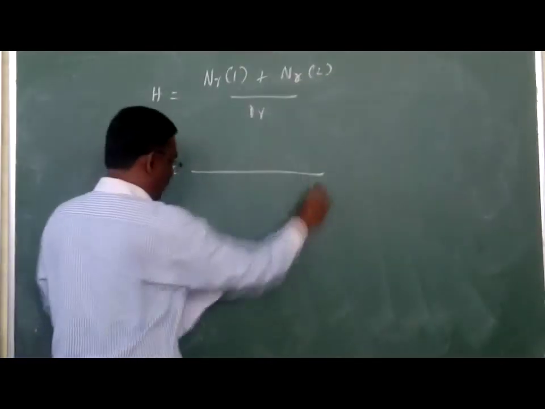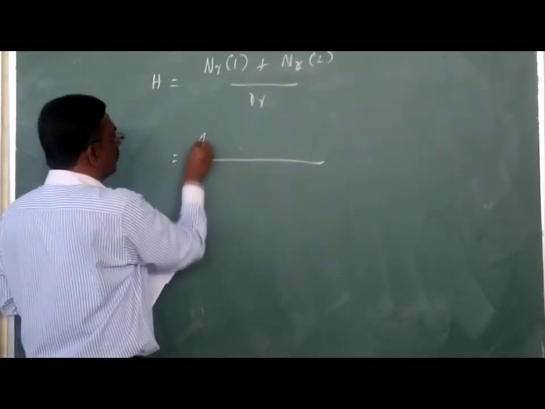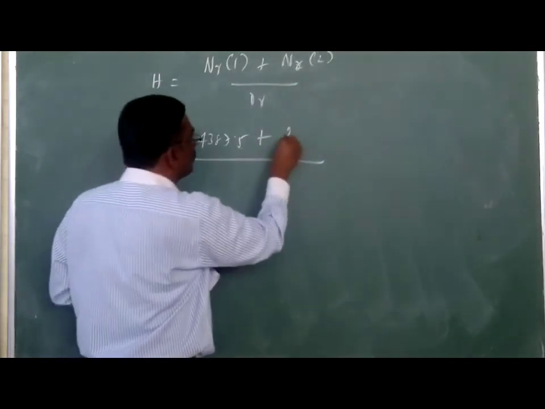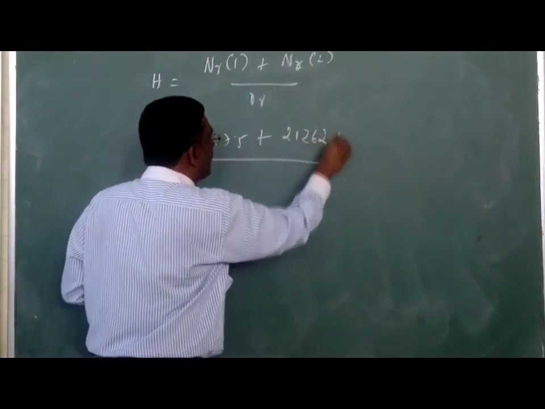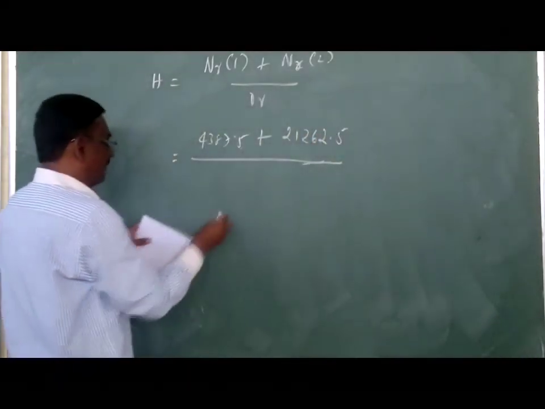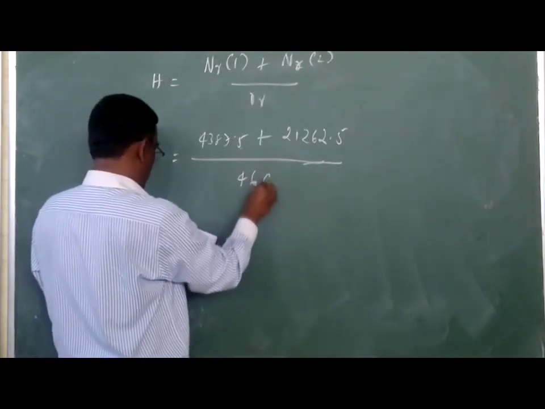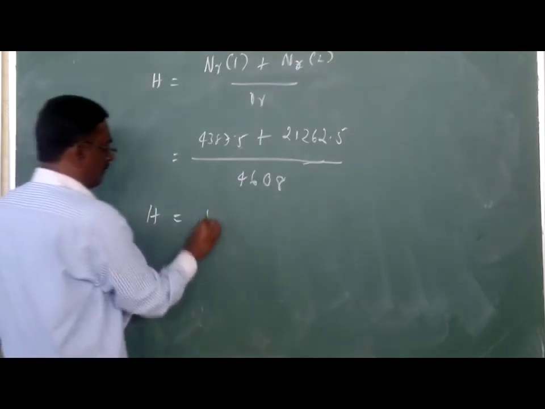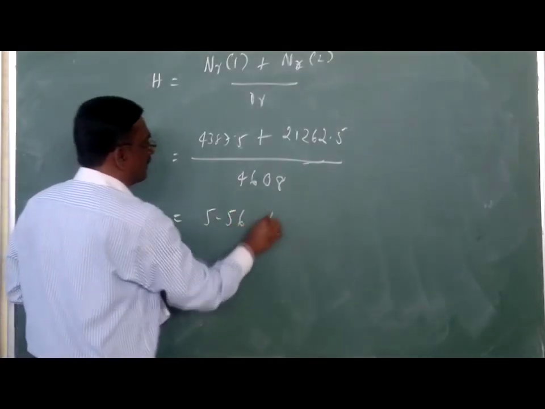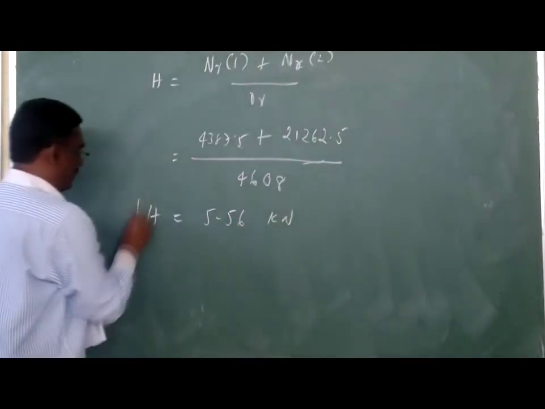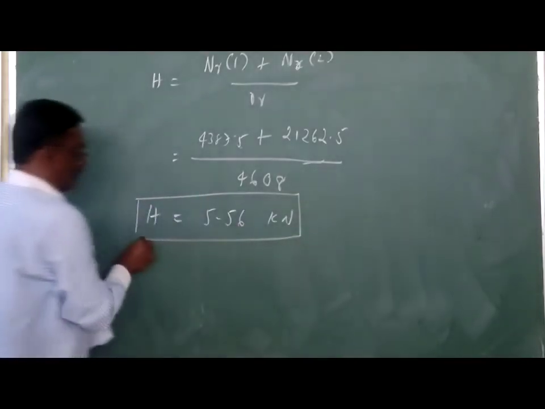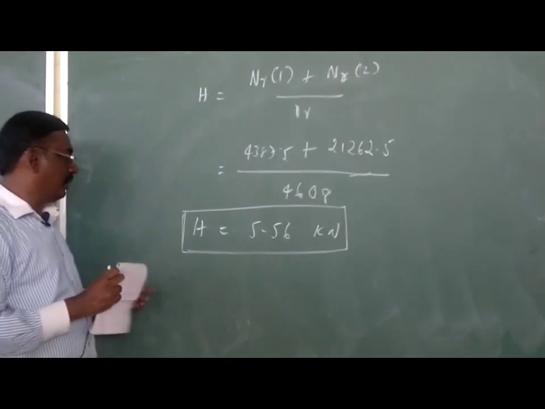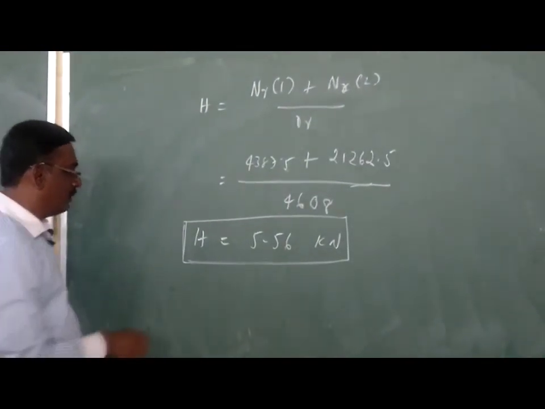We found the value of numerator 1 as 4387.5 and numerator 2 as 21262.5, and the value of denominator is 4608. On simplification, we get the value of horizontal thrust as 5.56 kilonewton. So by integration, we have found out the value of horizontal thrust as 5.56 kilonewton.